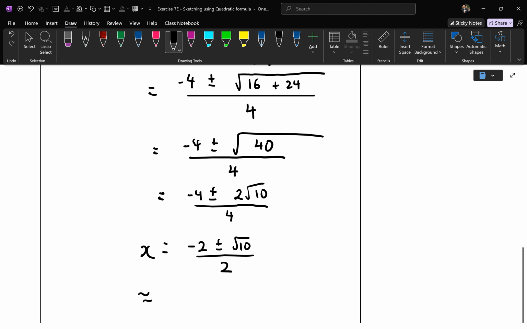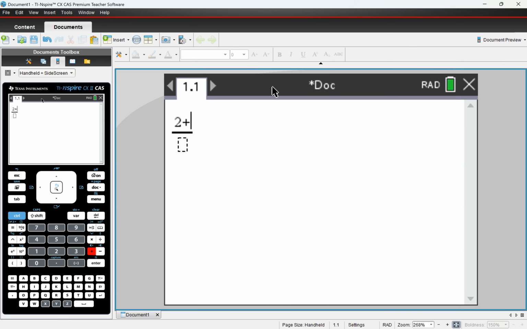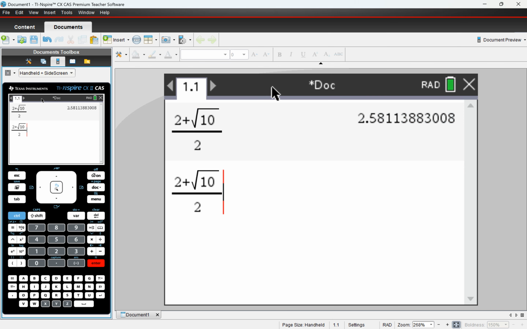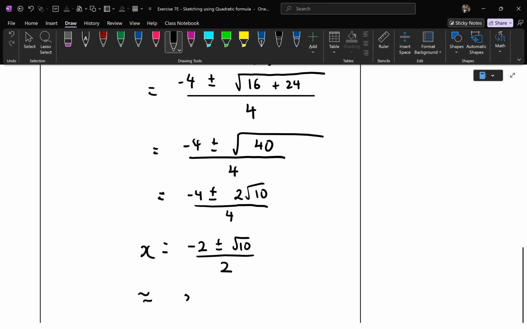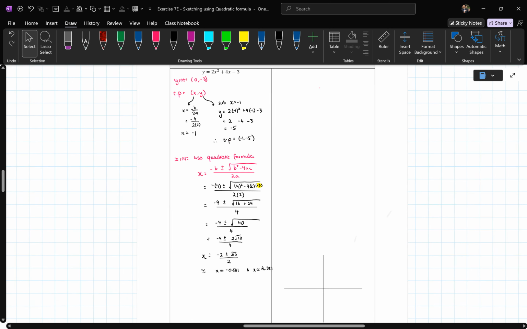Since they wanted decimals, let's work out the decimals. We've got -0.581, -0.581, and, alright, so if we were to sketch, what do we get?